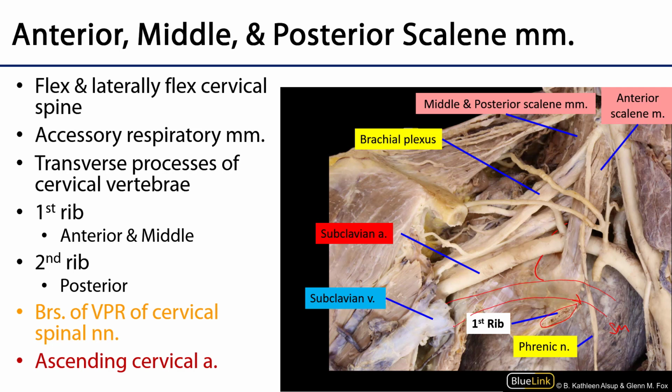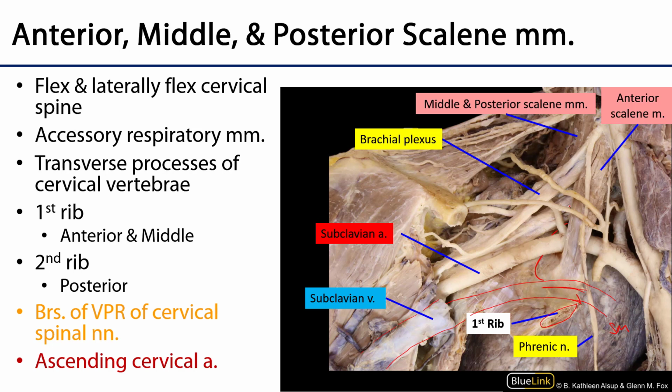We can see that subclavian vein is picked up here more laterally, but it's important to understand the relationships of these structures, because the subclavian vein is one of the anterior most elements that we can see at the root of the neck. And so very frequently in dissection, we'll have to reflect that away to see the deeper structures.